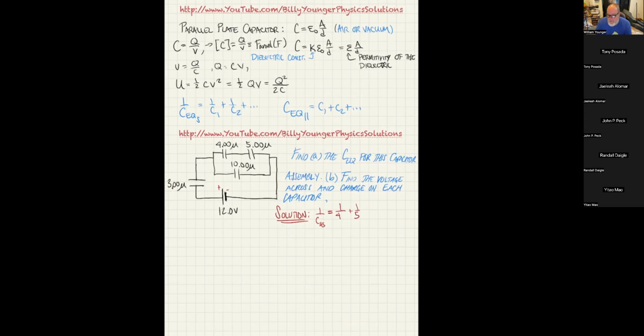But 4 times 5 is 20, and clearly 4 goes into that. So what we're going to do is multiply the 1/4 by 5/5, and multiply the 1/5 by 4/4. So I'm going to get basically 5 plus 4 over 20, which equals 9/20.